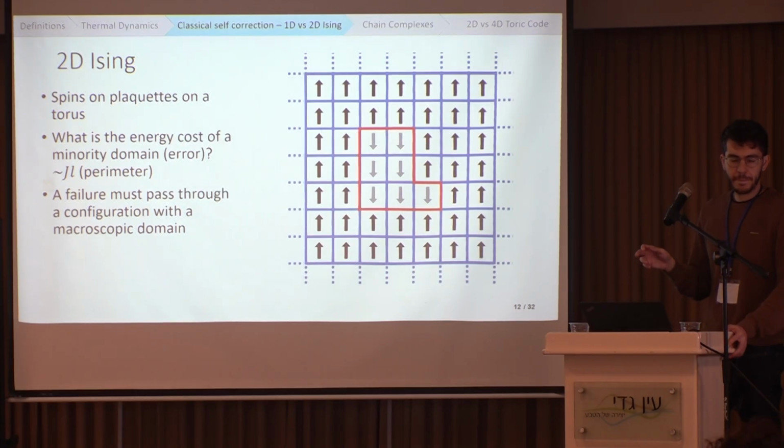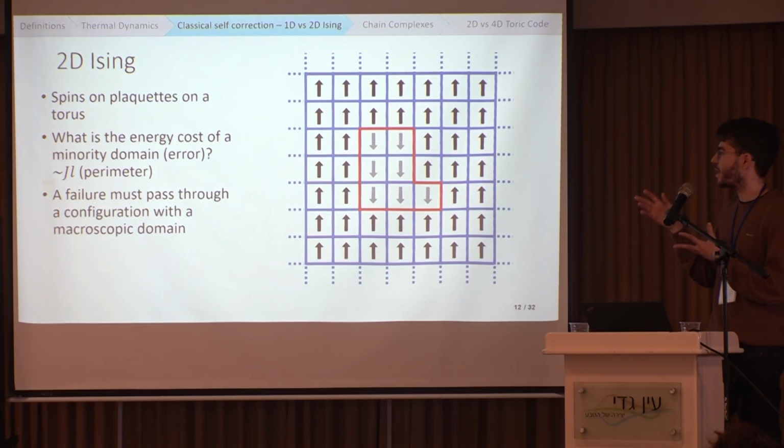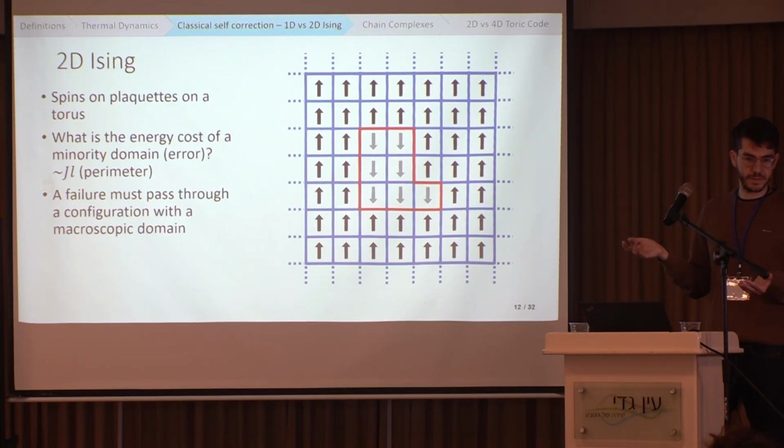Our logical is the mean magnetization, which is the mean spin. When does this change sign? When we have a majority of an arrow. And this means we have an arrow which is comparable to the system size, a very large domain.